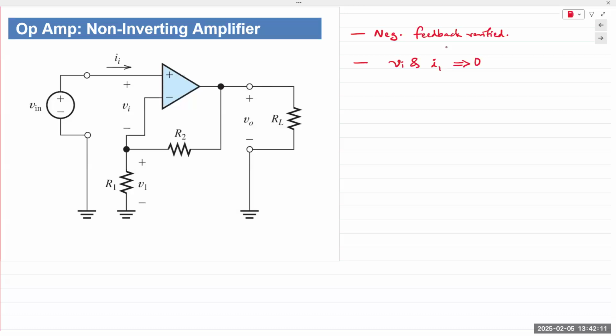Again, this is only for the purposes of theoretical analysis. So we are saying VI and II, that is the voltage and current going into the op-amp, are being forced to go to 0, because of negative feedback and the connection.